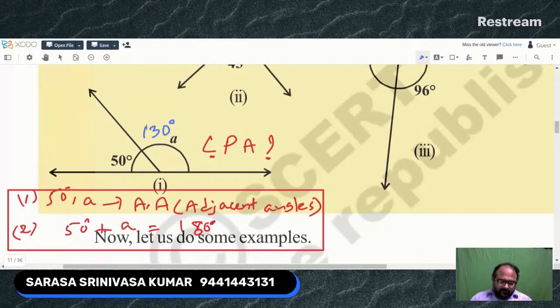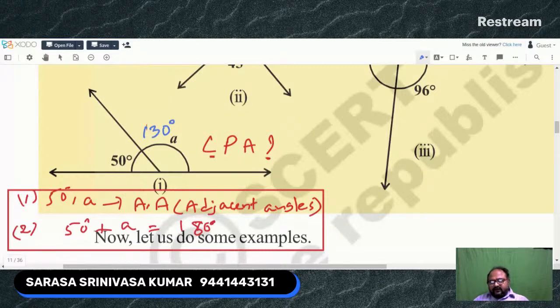In this problem, you should give the reason based on what facts you have concluded that the two angles are a linear pair of angles. How can you say that these two are a linear pair of angles? We used an axiom.